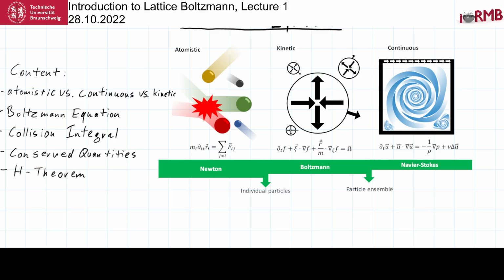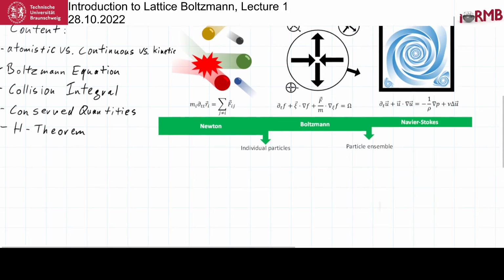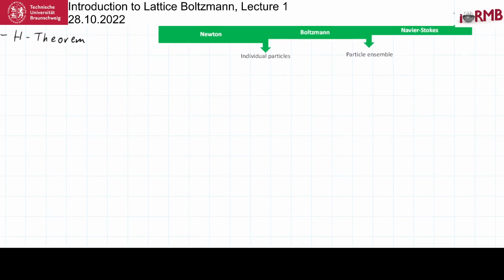We look at how this works with the collision integral, with conserved quantities, and in the end we will derive the so-called H theorem. The H theorem is the thing that tells us in which direction time progresses, because time could go forward or backward, and it tells us what is forward in time and what is backward in time. This is something that we learn today. And let's jump into the subject.